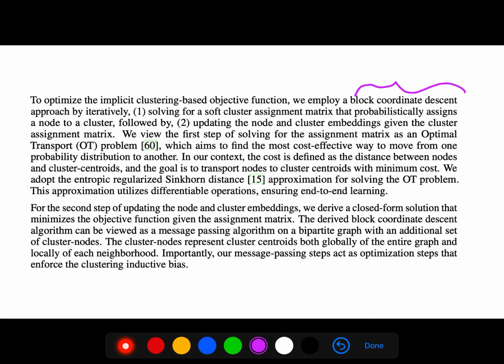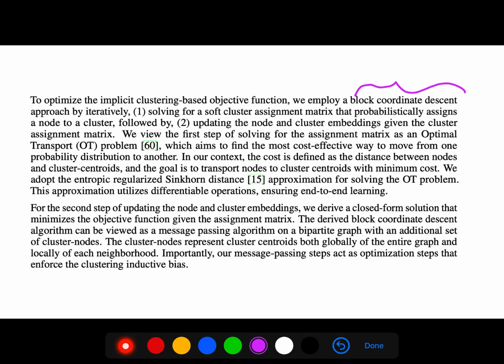For the second step, updating the node and cluster embeddings, we derive a closed-form solution that minimizes the objective function given the assignment matrix.